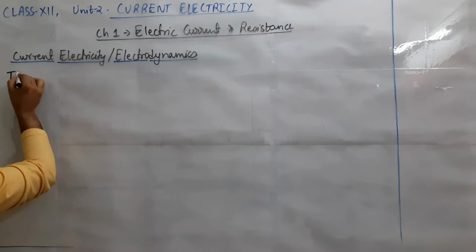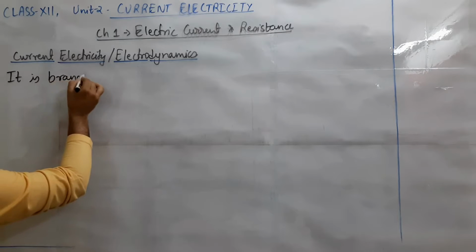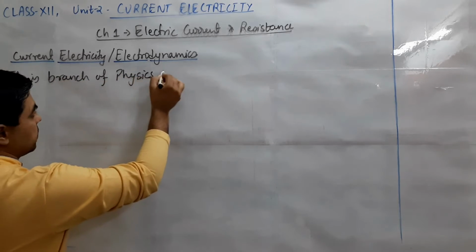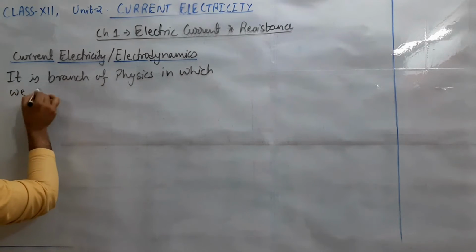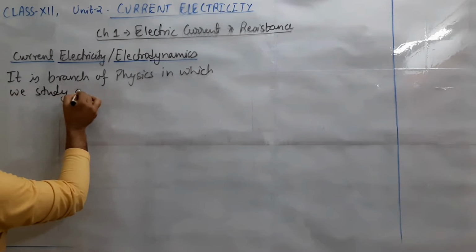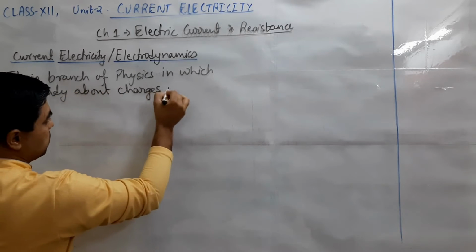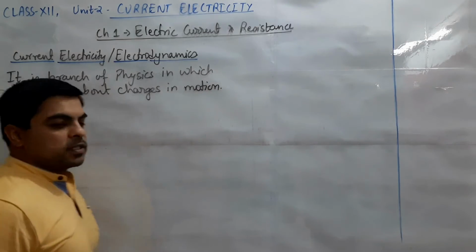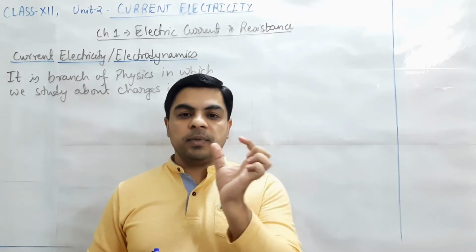So a simple definition we can give is: it is the branch of physics in which we study charges in motion. As we know, most terms in physics define themselves if we consider them in multiple parts.